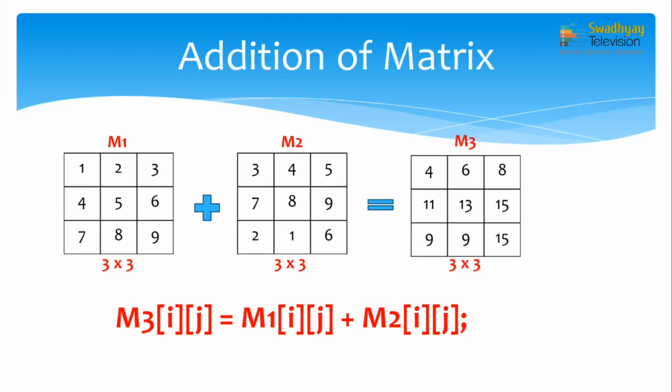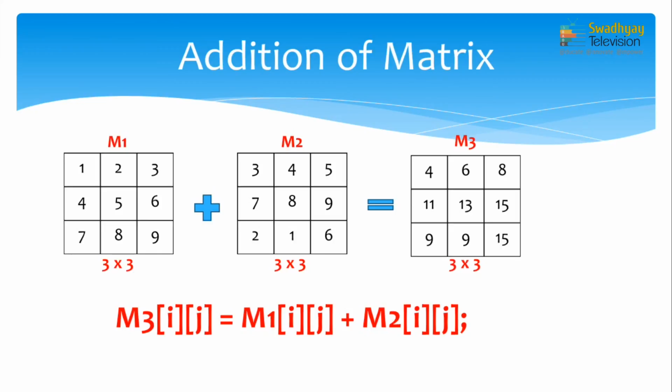Now, how to add two matrices? To add two matrices, we add element by element, that is 0 0 of M1 is added with 0 0 of M2, and 0 1 of M1 and 0 1 of M2 are also added to get 0 1 of M3.